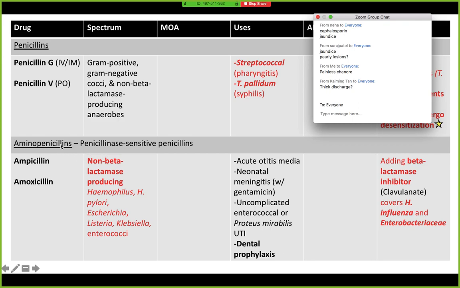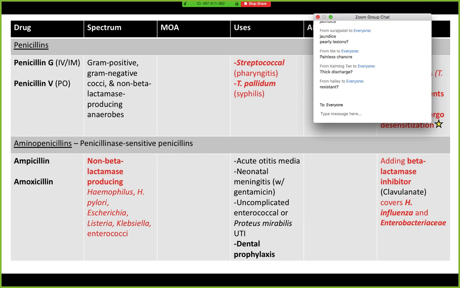So with your aminopenicillins, when it says penicillinase sensitive, what does that mean? What does saying something is penicillinase sensitive tell you? Right, Haley. So penicillinase is like another word for beta lactamase.